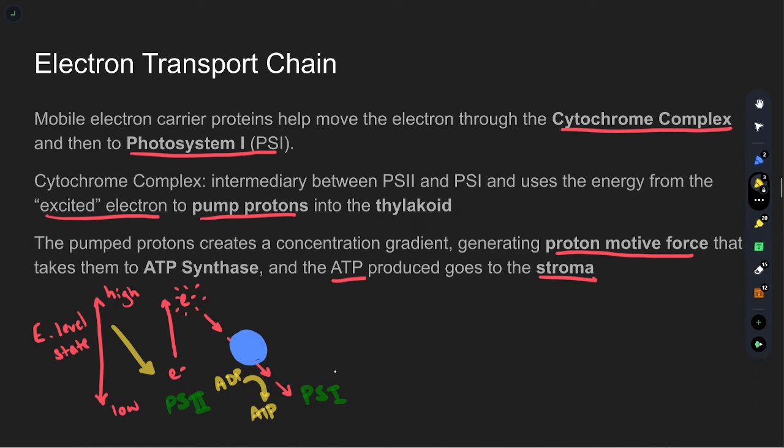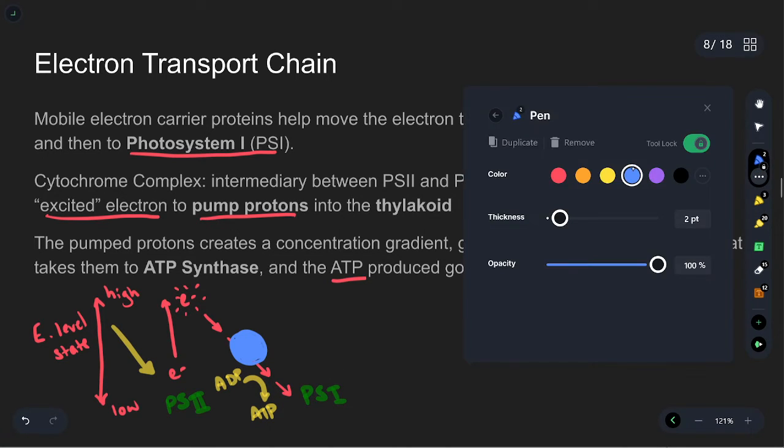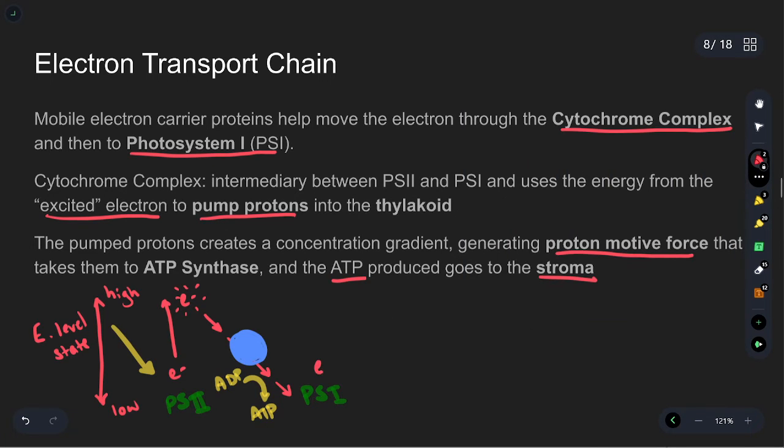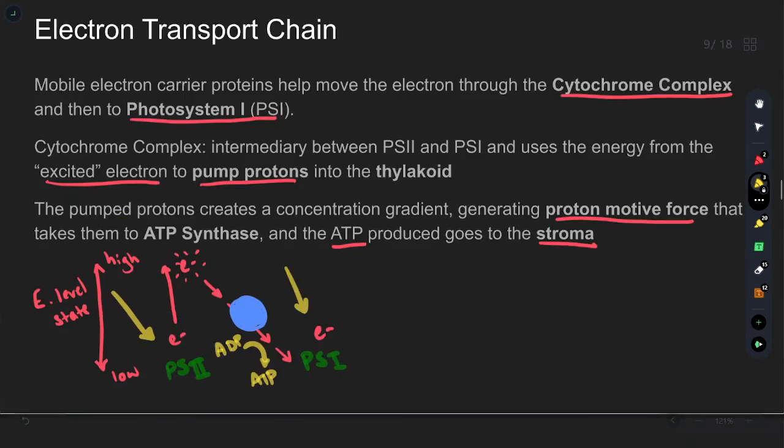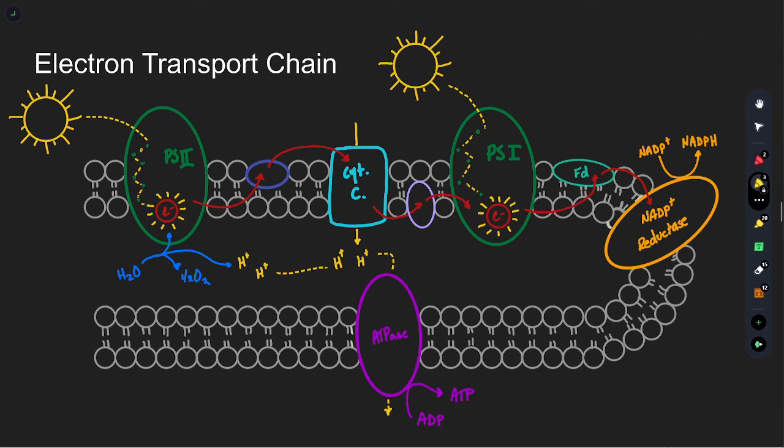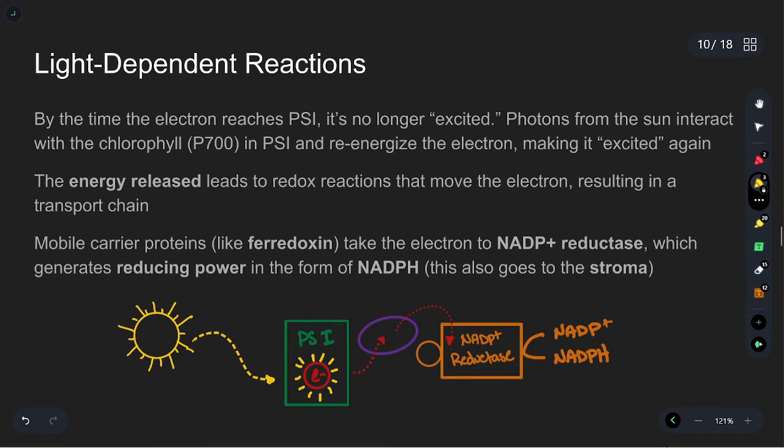The electron then reaches photosystem 1, and it's back in its low energy level state again. So in order for this electron to continue moving, it needs to be re-excited. So we have to have some light hit it once again. But we'll get to the diagram of the ETC in just a minute.